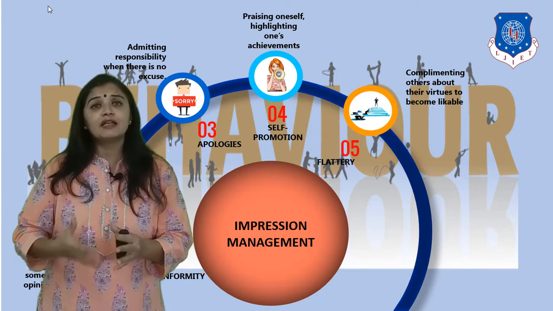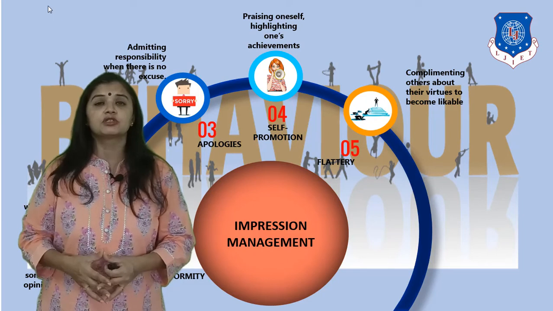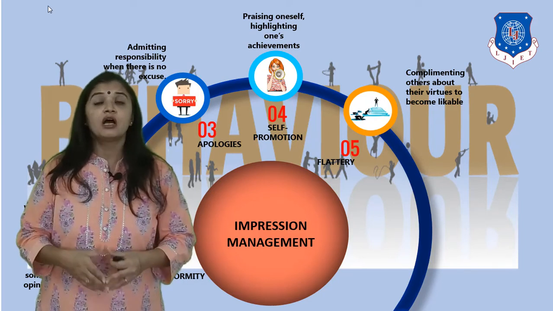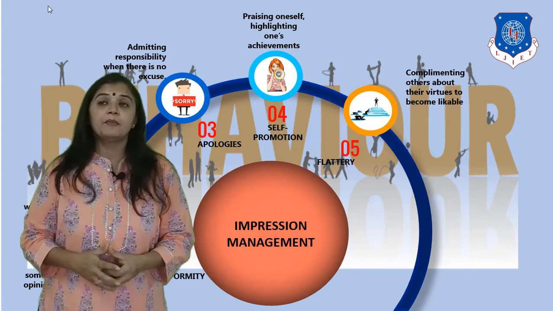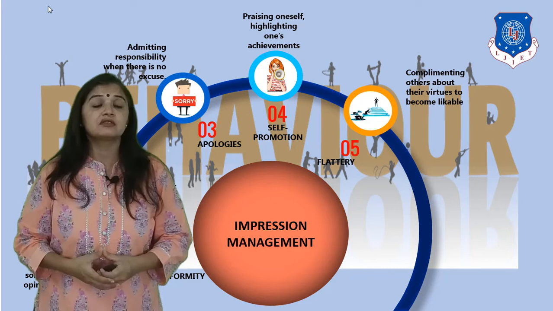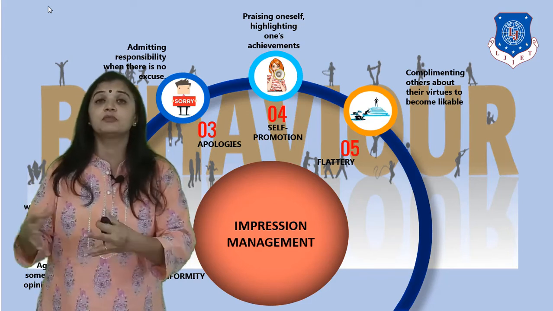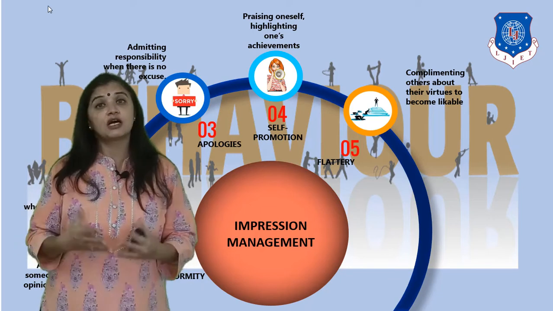Now, flattery can be of any manner. A person may flatter one's dressing sense, one's looks, or how a person works. Some person in the organization may praise the communication of some person. They may praise the management of a person. They may praise how sincere a person is, how well a person is able to handle pressure, etc.